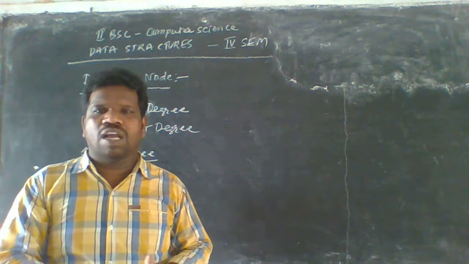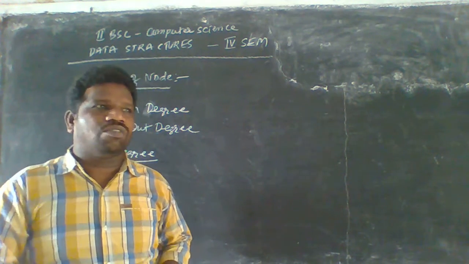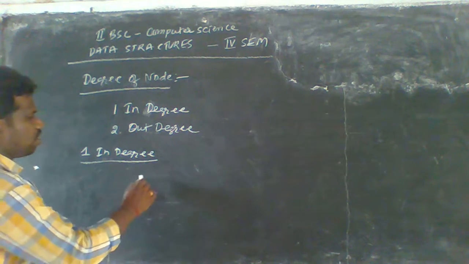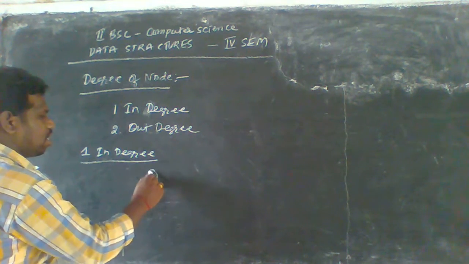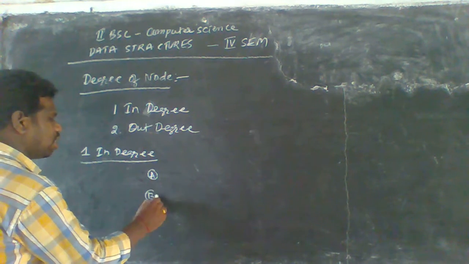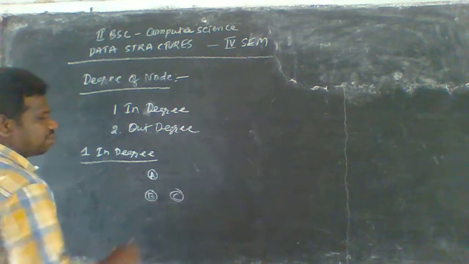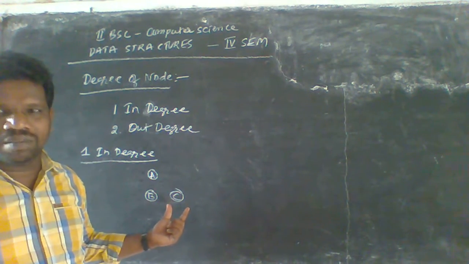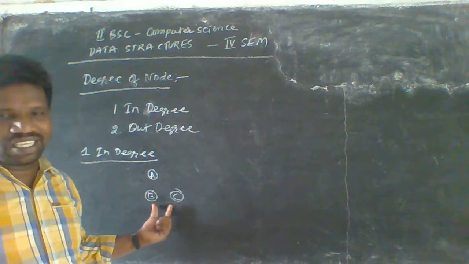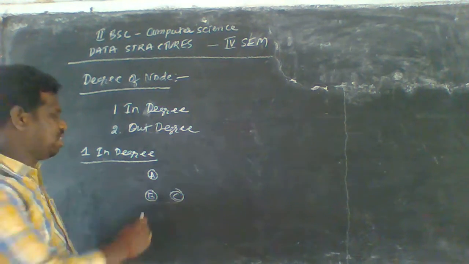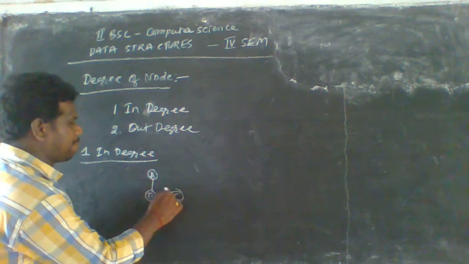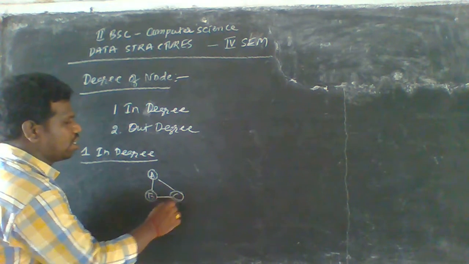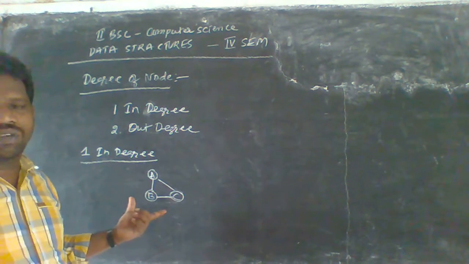For example, I'm drawing a diagram. In the diagram we take three nodes, A, B, C, and connect each to the others using directions.